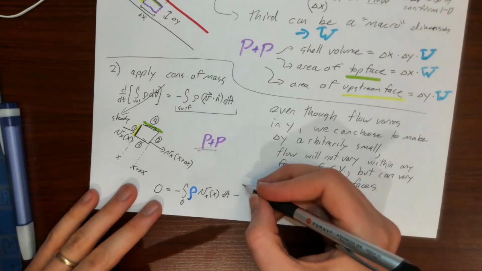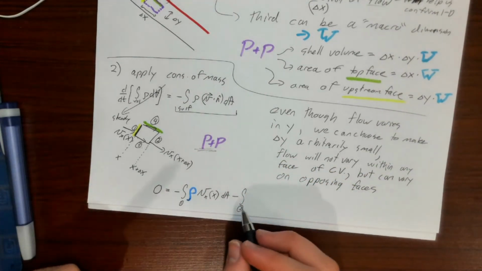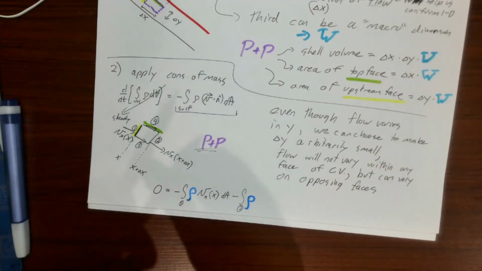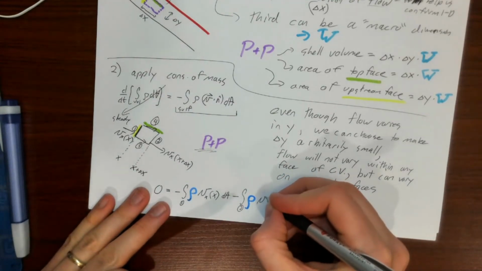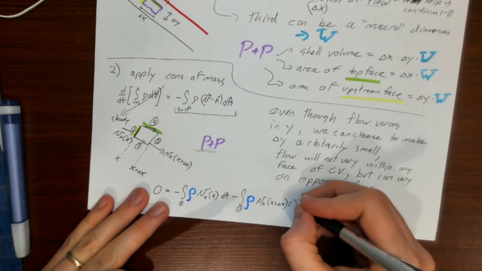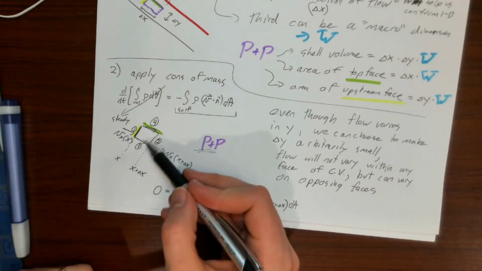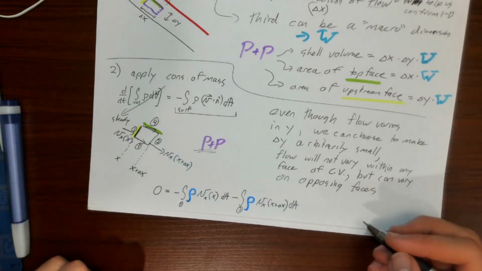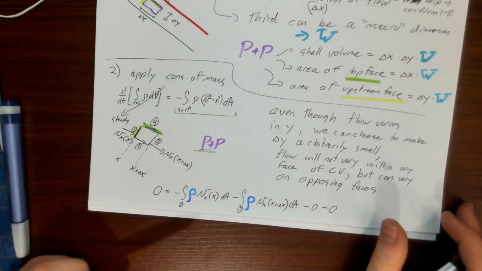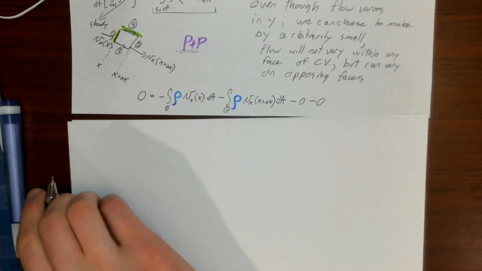And then we have minus the integral over surface 2 of rho Vx at x plus delta x, dA. And we safely concluded that v dot n was 0 for surfaces 3 and 4, so we basically have minus 0 and minus 0. We can of course make progress with this.